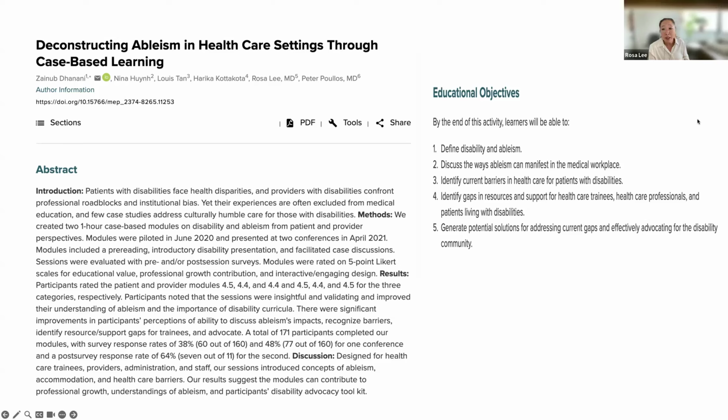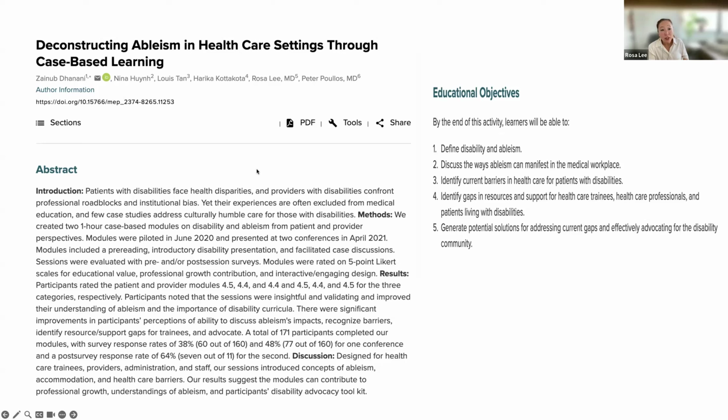So she developed these educational objectives, which you can see on the right here, to help learners define ableism and disability, recognize and discuss ways it manifests in the medical workplace, identify current barriers in healthcare for patients with disability, identify gaps in resources and support for trainees, healthcare providers and patients living with disabilities, and then generate potential solutions for addressing these gaps.